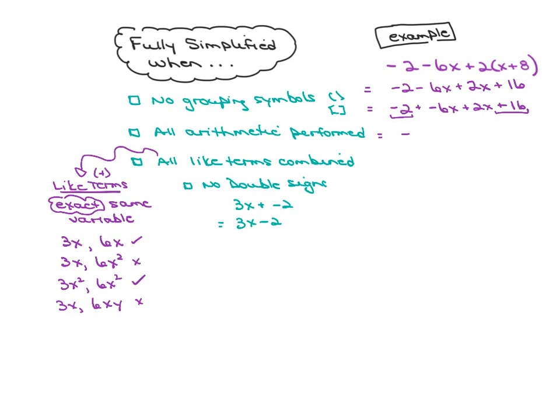So that will leave me with negative 6x plus 2x plus 14, because negative 2 plus 16 is 14. Like terms, I've got some like terms here, the exact same variables. So negative 6x plus 2x is negative 4x plus 14. See, double signs, I don't have any double signs, so I'm fully simplified there.